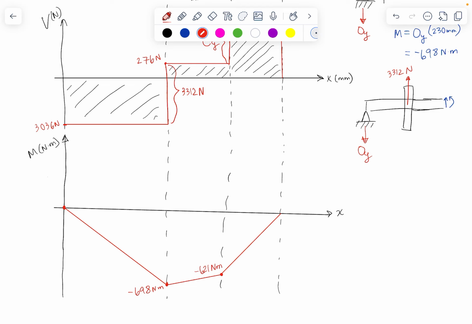So a good gut check for you is to make sure that at the start and end of your beam, you should start and return to 0 if you have end conditions that don't have any applied moment. So keep that in the back of your mind.